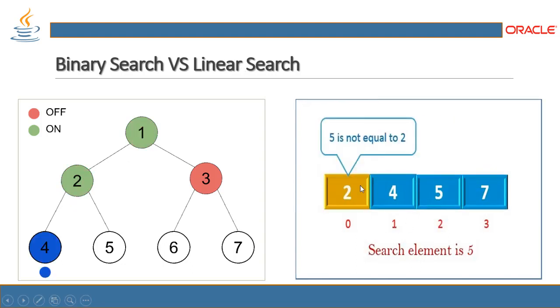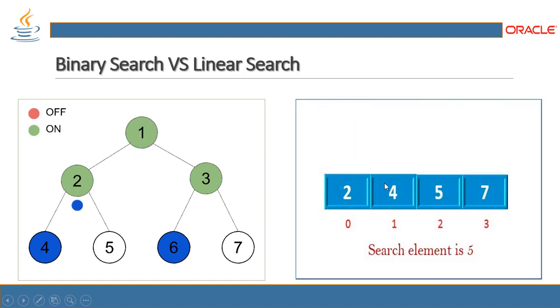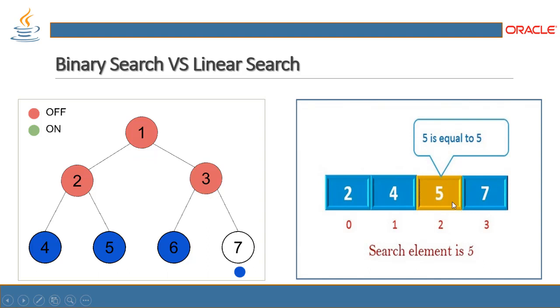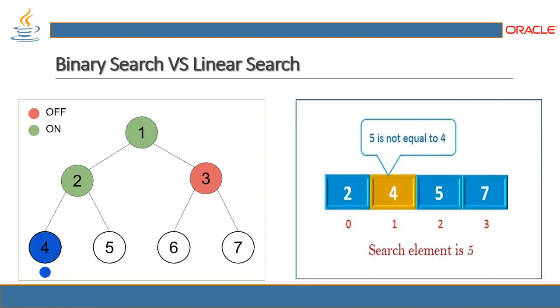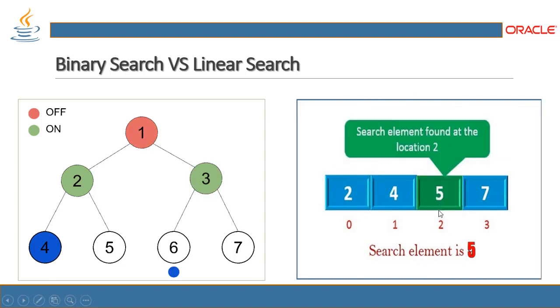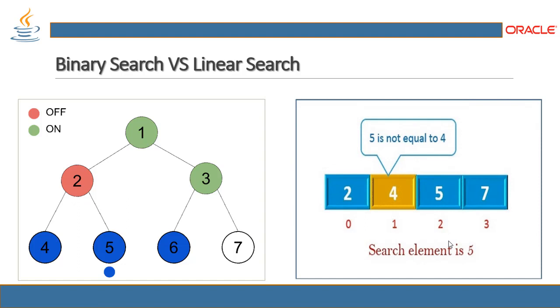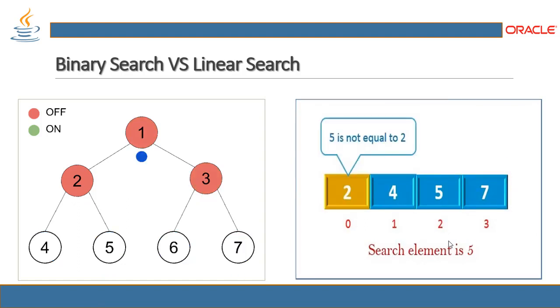As you can see in this picture, it simply compares the next element with the key and finds out if it is the one. Then it gives you the output that number 5 is here. This is the location and we found this element. So it's a simple, linear type of searching algorithm.